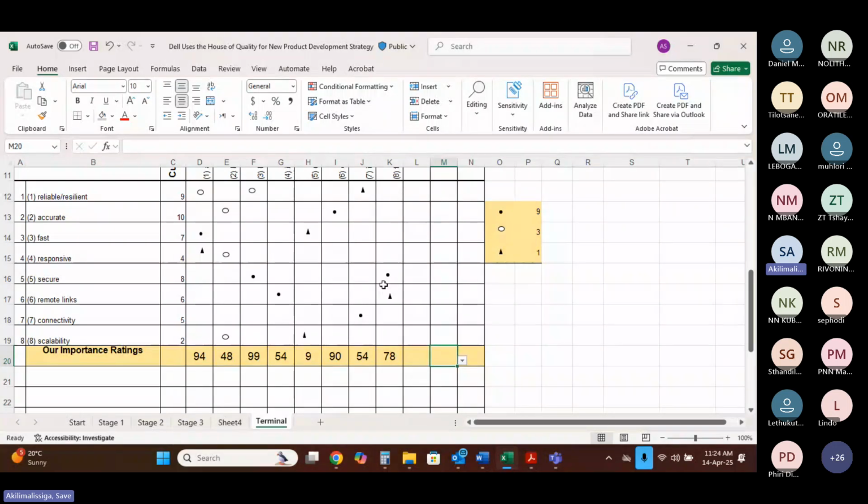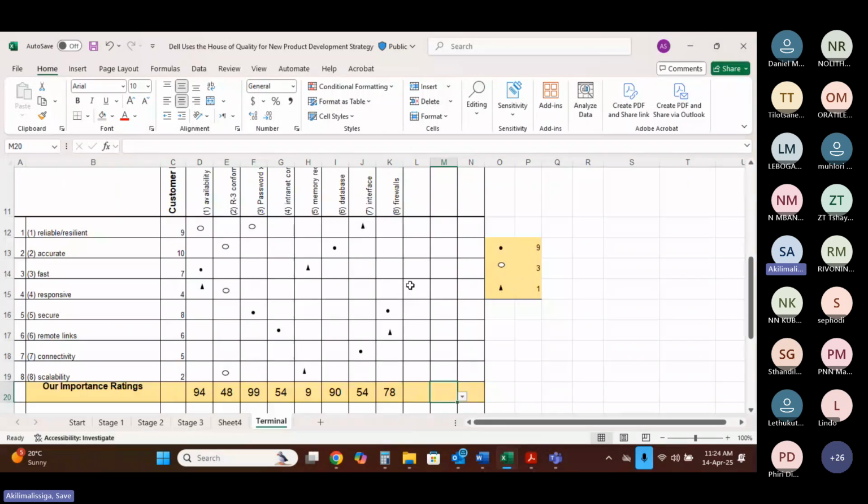For the test, what we usually do is that I can bring you a picture of a house of quality that is already built, and then I will ask you questions based on it. For example, if I say that here is W, I can tell you to provide importance rating W, meaning that you have to do the calculation.